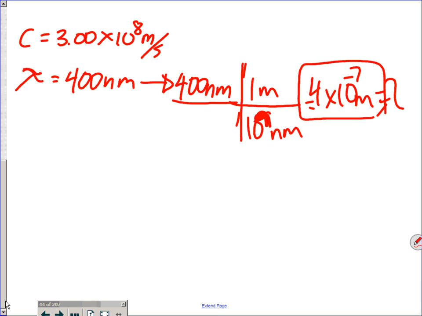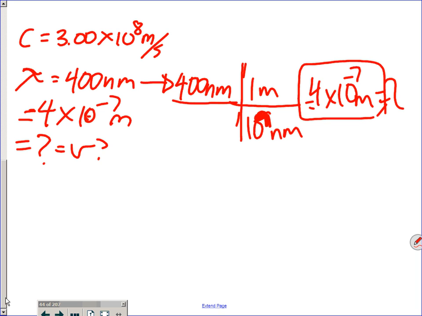So this is 4.0 times 10 to the -7th meters. And then again, our question is still frequency. Okay, so we have everything we need to plug into the equation. Before we start plugging in, I usually have people rearrange the equation first, just so we're all on the same page.